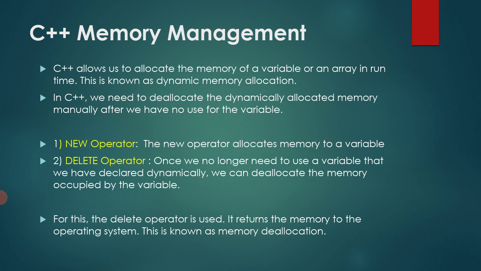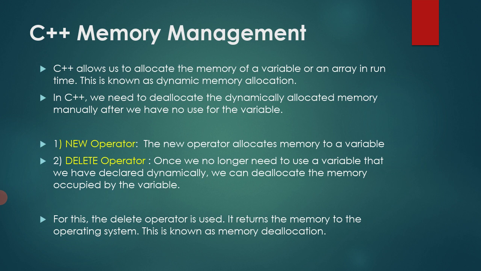Now C++ provides us two types of operators for these two tasks, that is memory allocation and memory deallocation. The two operators that we use in C++ are the new operator and the delete operator. Now what is the new operator, and what is the delete operator?